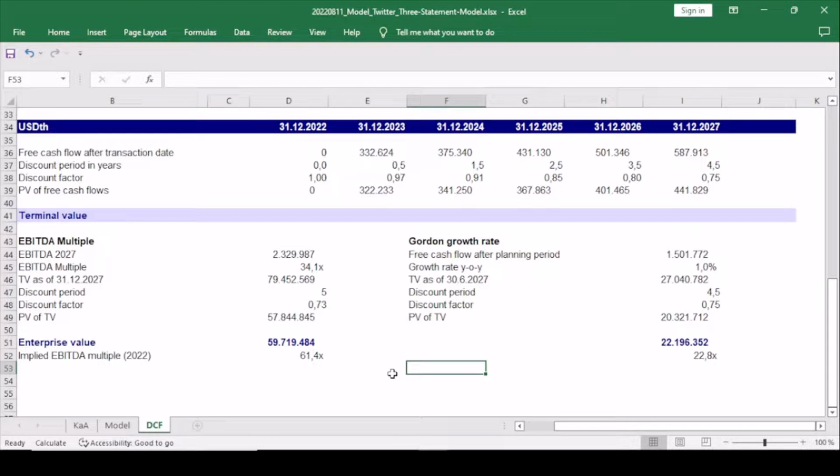To further illustrate this effect, we introduce sensitivities to illustrate how EV is changing when certain inputs like WACC, growth rate, or EBITDA multiples are changed. So for this, we build some data tables.